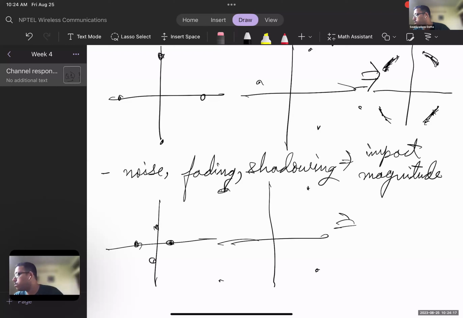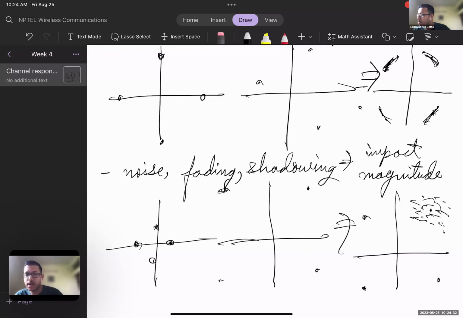So overall, this was your original symbol, and then you will have shifts in magnitude as well, so you will have some kind of dotted cloud over here, and similarly for everything else. I hope this makes sense.